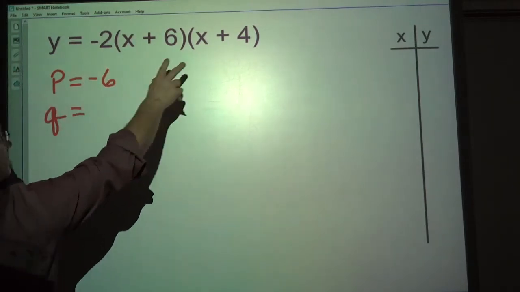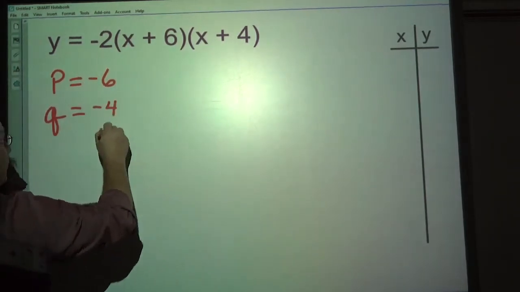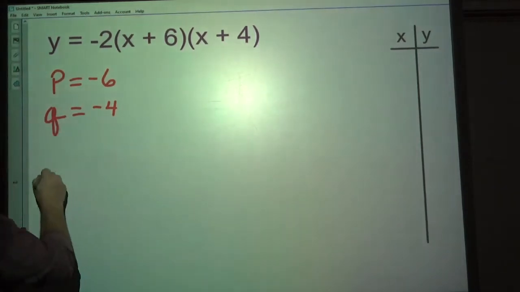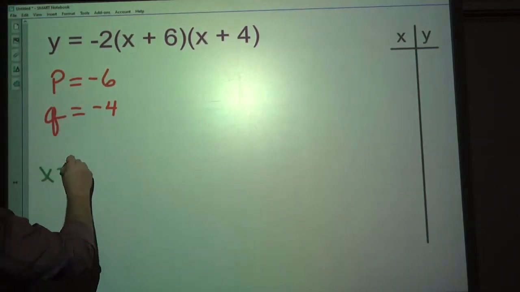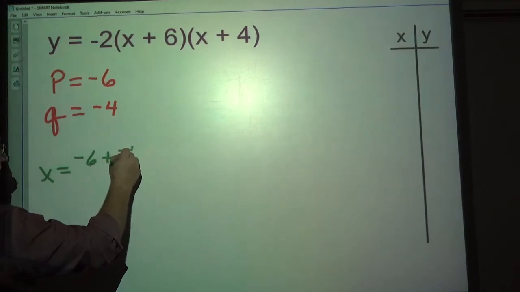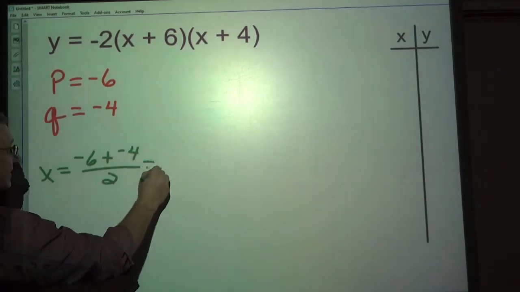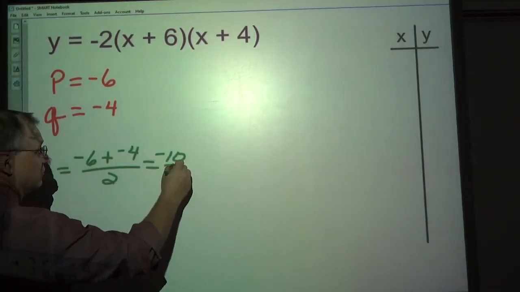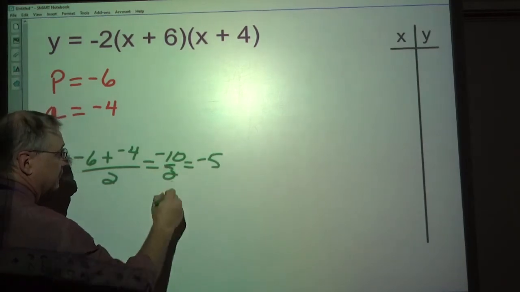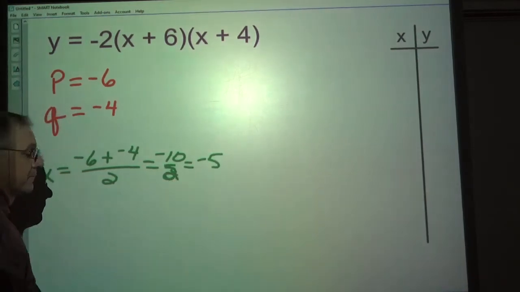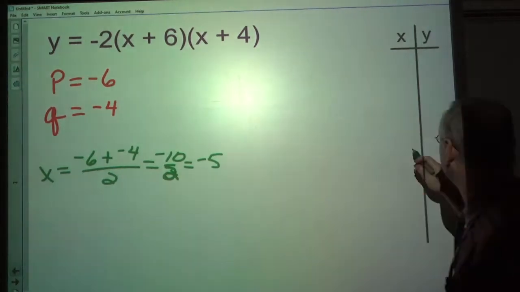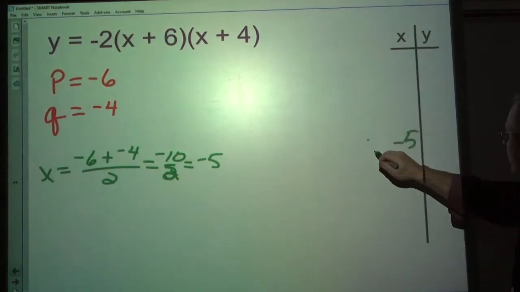Q is going to be the opposite sign, negative 4. So the x value of the vertex is negative 6 plus negative 4 over 2. That's going to be negative 10 over 2, or negative 5. So the x value of my vertex is negative 5.